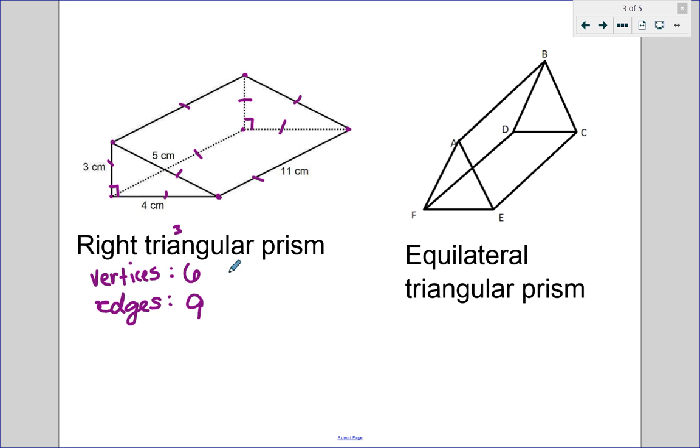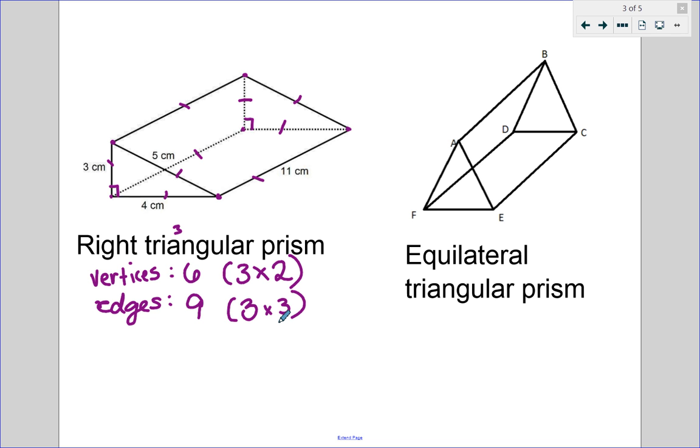So when we look for vertices, we take the number of lines for the face, which is 3 for the triangle, and times that by 2, and that's going to give me 6. For edges, we take the number of sides in the flat figure of the triangle and multiply that by 3, and we get 9.